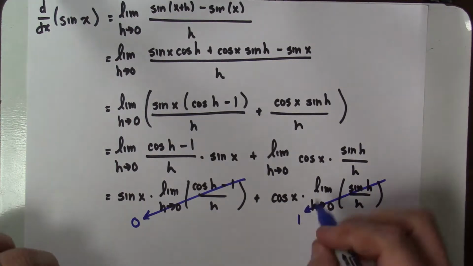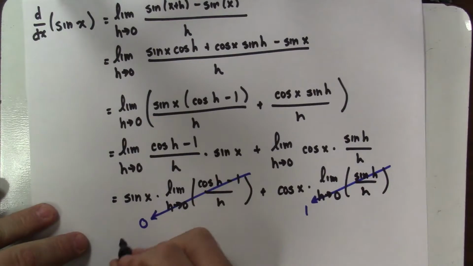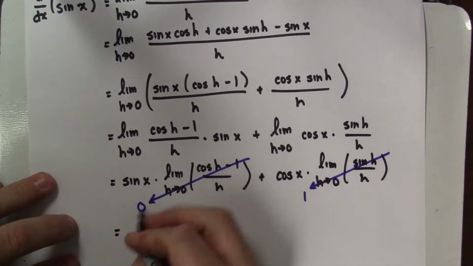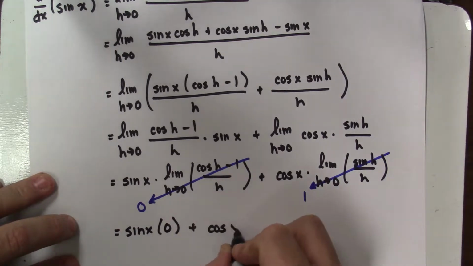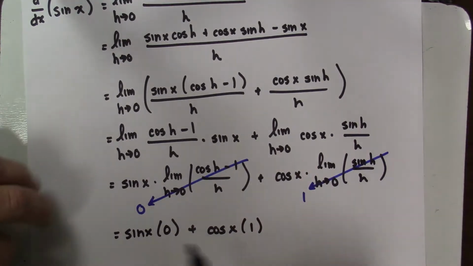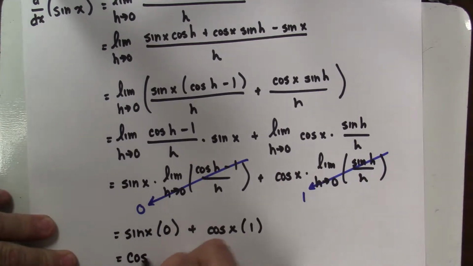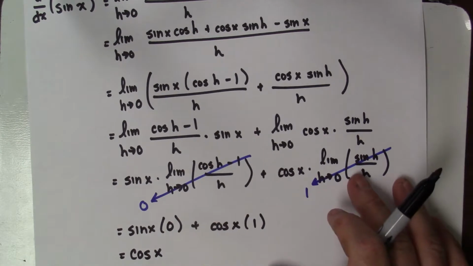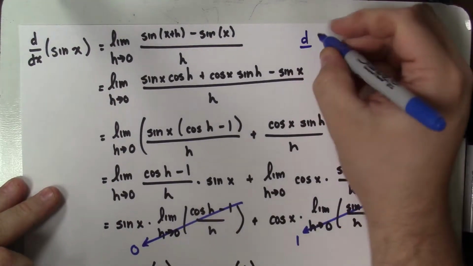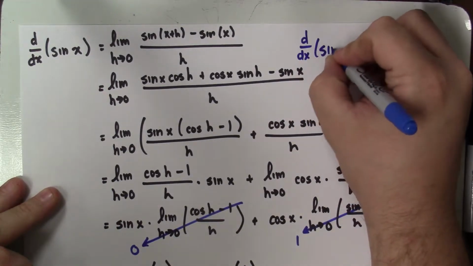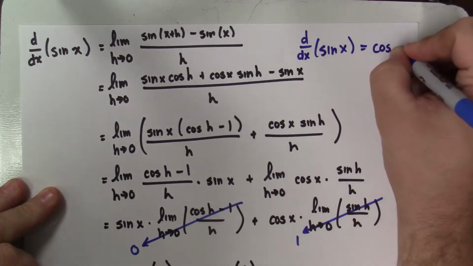That's 1. So this derivative is sine x times 0 plus cos x times 1, which means that the derivative of sine is cosine. That's just this magically beautiful, hey, that's kind of neat, Mr. Garwood. So, big takeaway here, the derivative of sine is cosine.